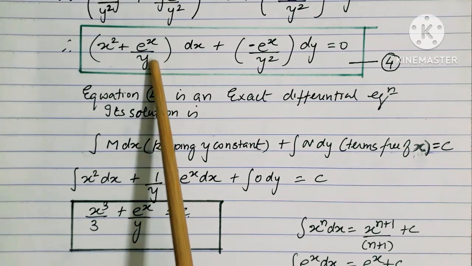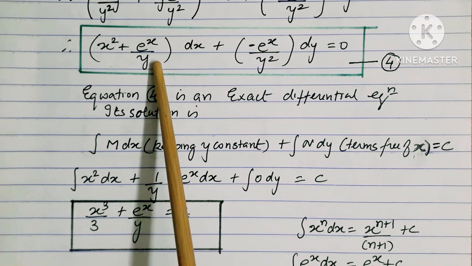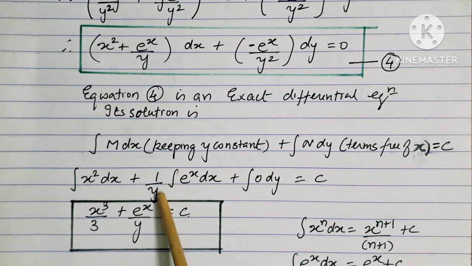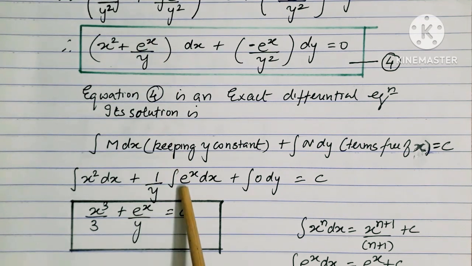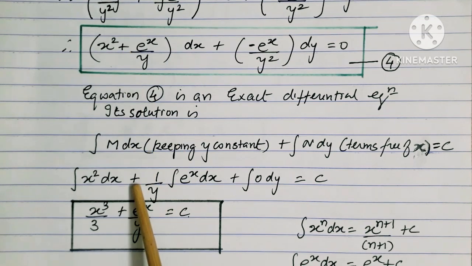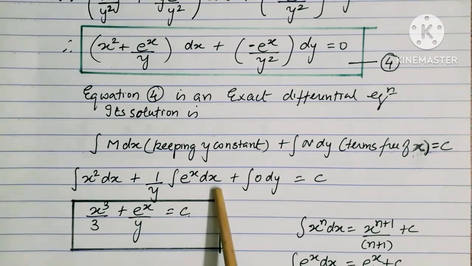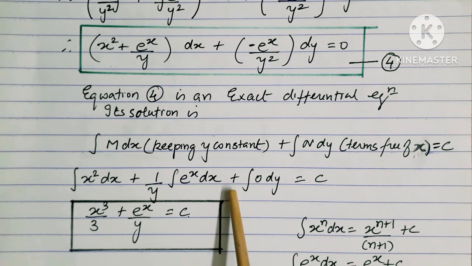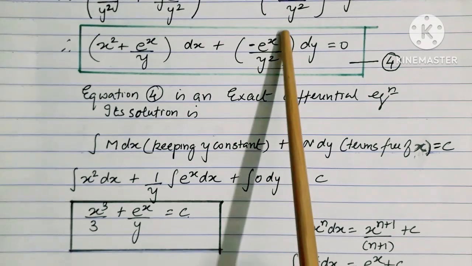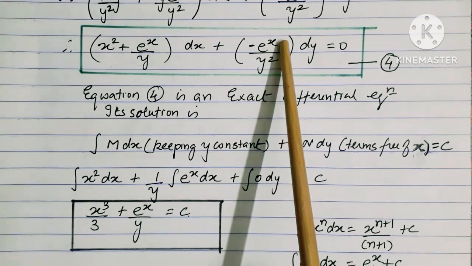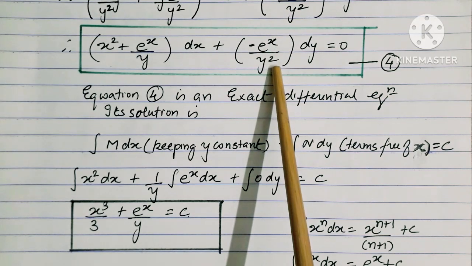Now there is a y in the denominator, so we'll have to treat this y as a constant. So we'll have to write 1 upon y outside the integral sign and integrate e raised to x. So this would be plus 1 upon y integral e raised to x dx plus, now here N is minus e raised to x upon y square.